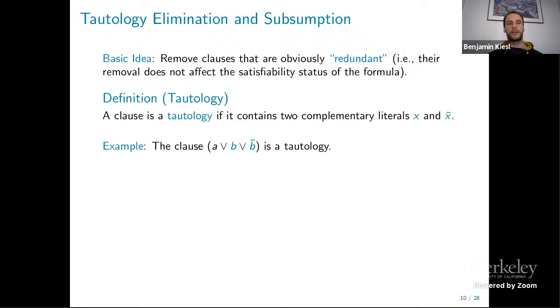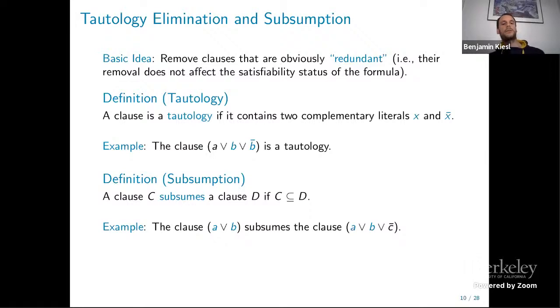And one example that you've already seen on a previous slide are tautologies, namely clauses that contain two complementary literals, X and not X. And here we have this example, A or B or not B. So that's a tautology because it has B or not B. And as I said before, such clauses are always true by every assignment. So they really don't help your solver if you keep them in there. They just make your formula larger. So you better get rid of them before you start the solving. That's just a very simple idea.